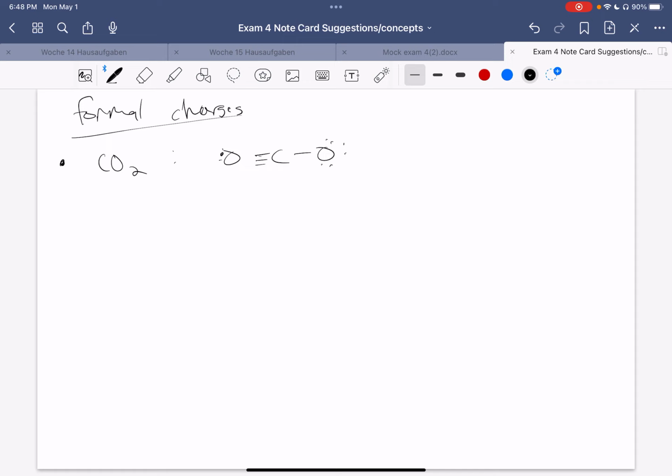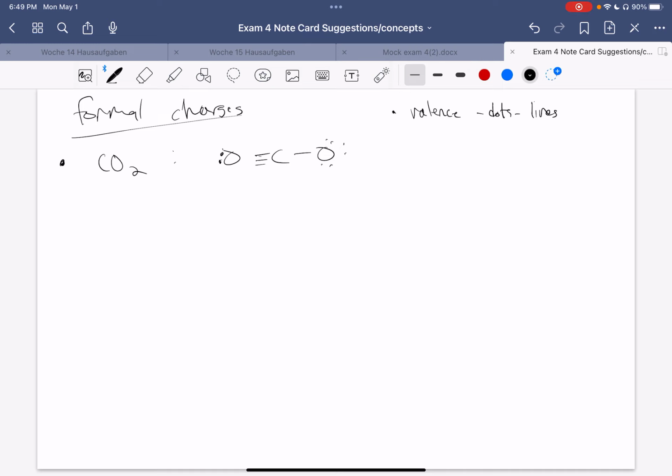We use formal charges to evaluate how good a Lewis dot structure is, or how likely that form of the molecule is to exist in nature because it's more stable. It's just going to be valence minus dots minus lines for each atom in a molecule.